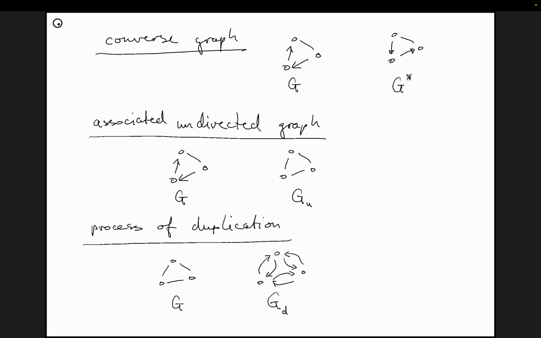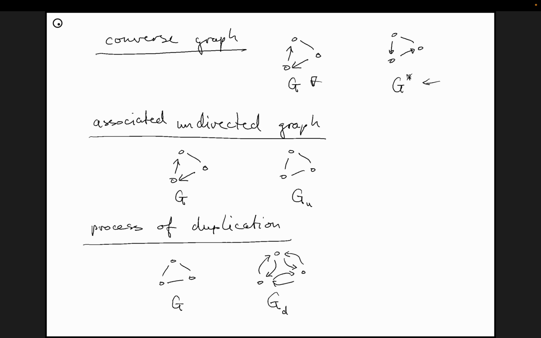So as you have seen now, a converse graph is just, if G is undirected, then G star is also undirected. If G is mixed or directed, then G star is also again mixed or directed. So we just flip the direction of the directed edges.